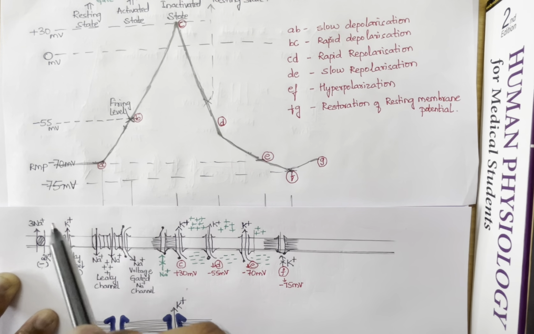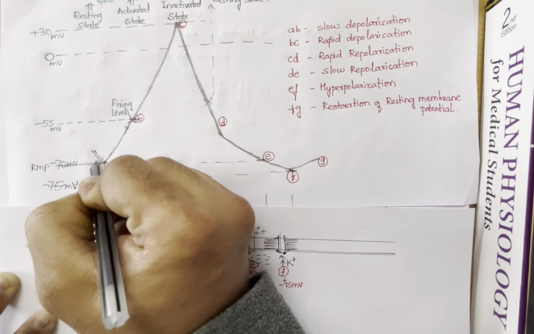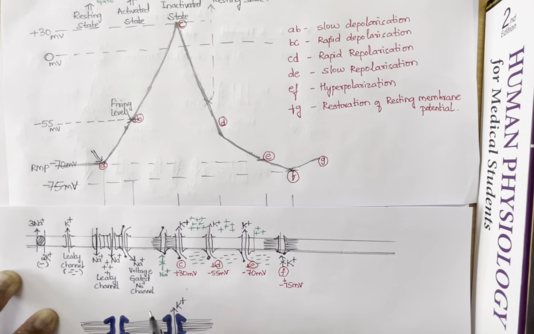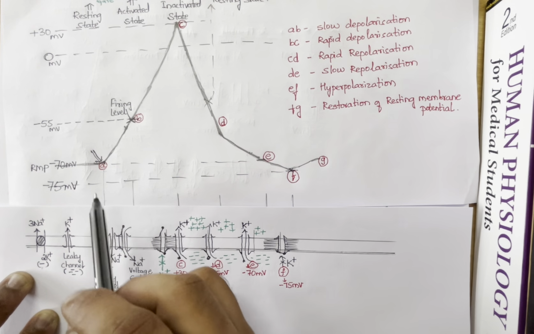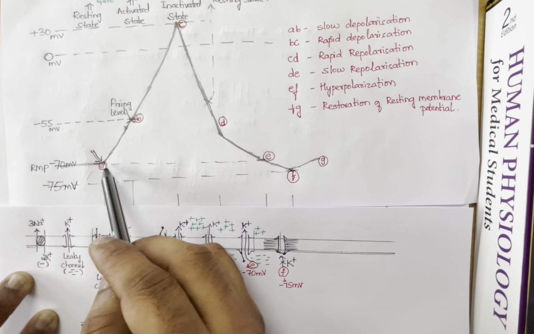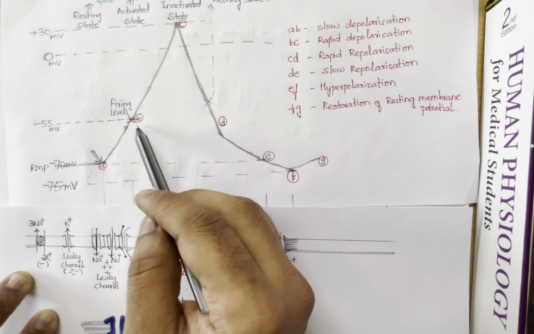Now at point A, when a stimulus is applied, what is happening from point A to point B? There is slow deviation from the resting membrane potential. You call it depolarization.